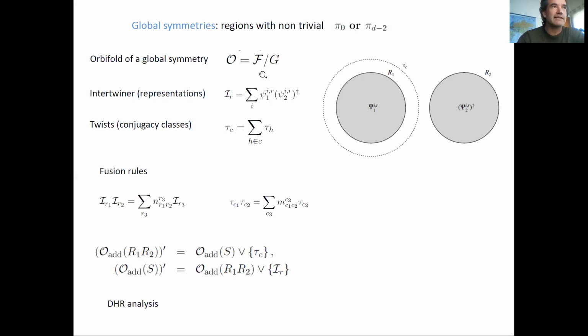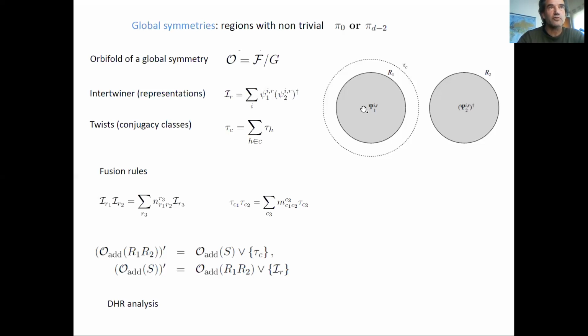So let us see how these non-local operators appear in this case. You have the two balls, you have a charge operator here, and you have an operator here in the other region with the opposite charge. Both of them do not exist in the theory O, but the product of the two does exist in the theory O. They belong to the theory O, and this is called the intertwiner.